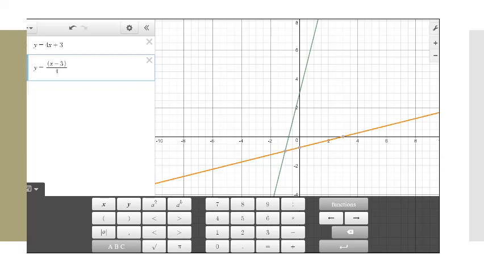So what happens with an inverse is that they are flipped over a line. So you know in class we've done a function that's flipped over the x-axis and flipped over the y-axis. Well, what happens in an inverse is the original graph and the inverse are flipped over what's called the y equals x graph. And it makes sense.